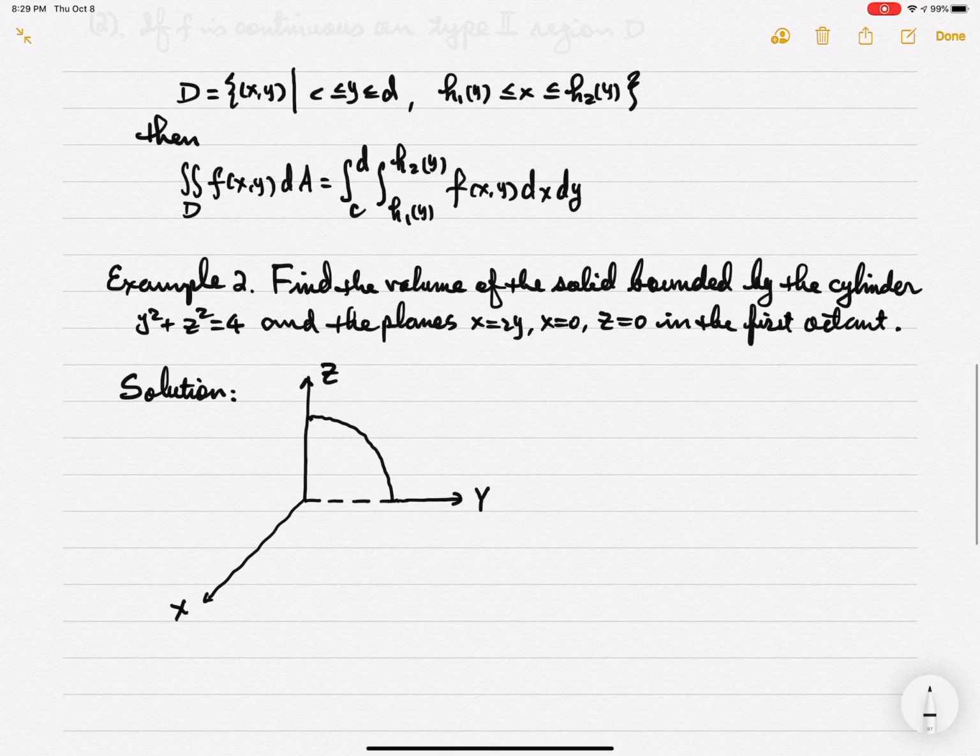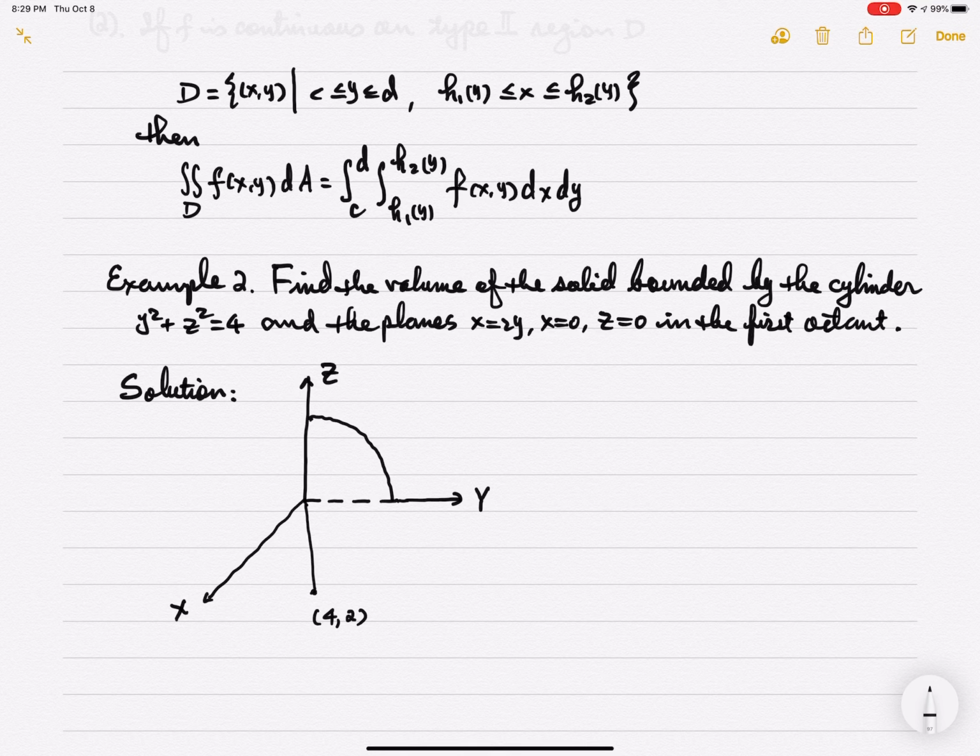So when y equal to 0, x equal to 0. When y equal to 2, x equal to 4. So suppose this point is x equal to 4 and y equal to 2, and then we have this straight line.